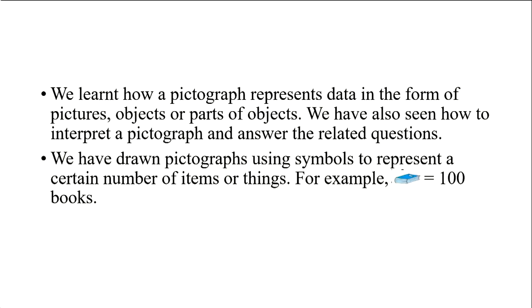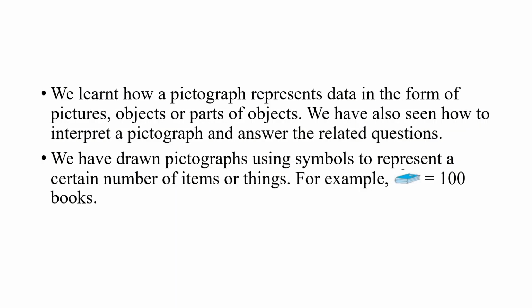We learned how a pictograph represents the data in the form of pictures, objects or parts of objects. We have also seen how to interpret a pictograph and answer the related questions. We have drawn the pictograph using a symbol to represent a certain number of items or things. For example, 1 book is equal to 100 books.